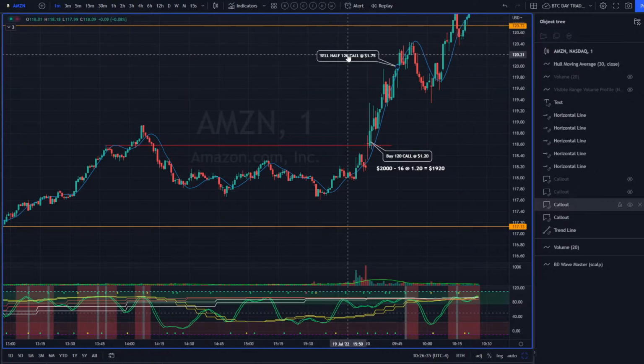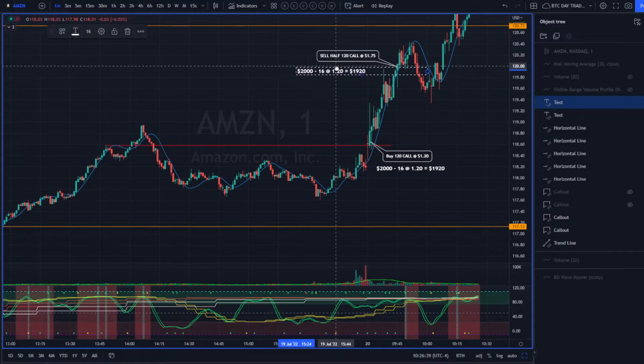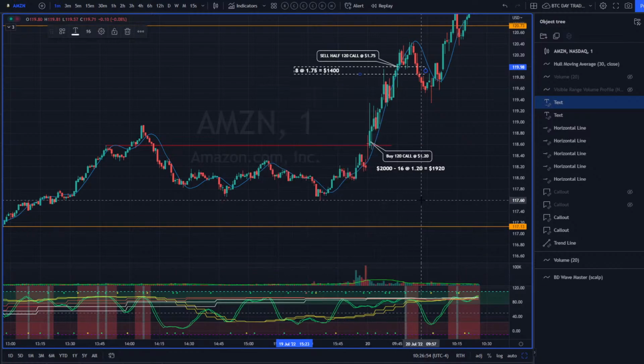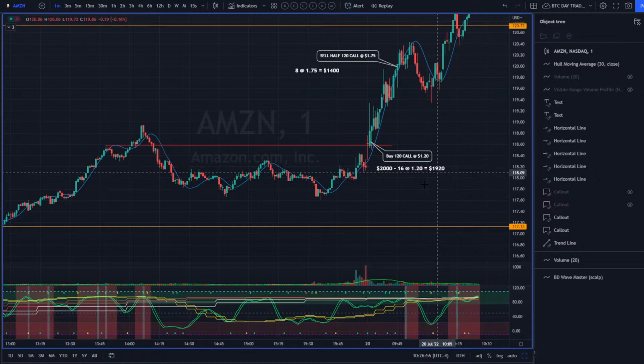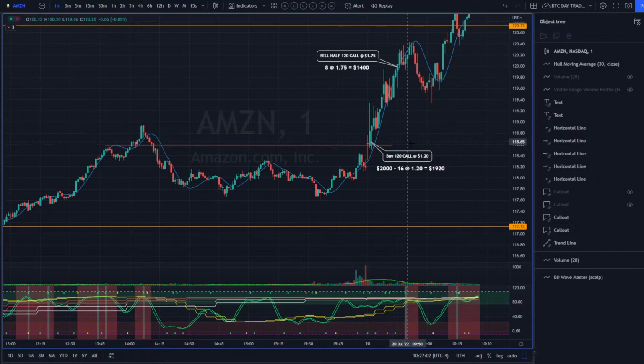We were able to sell half of this at $1.75, so we are now selling 8 contracts at $1.75, which equates to $1,400 that we are reclaiming. Keep in mind, we started with a $1,920 position, and now we're selling $1,400. So now we're only in this trade for about 500 bucks.